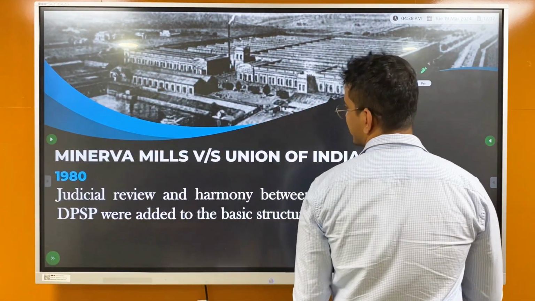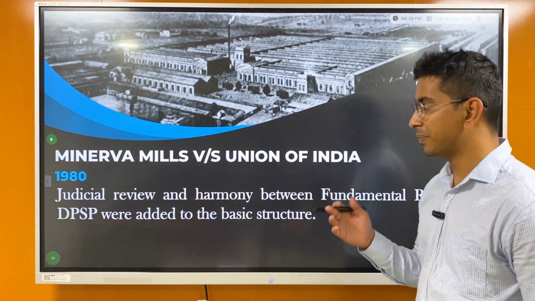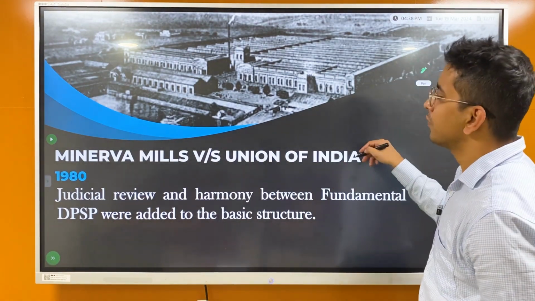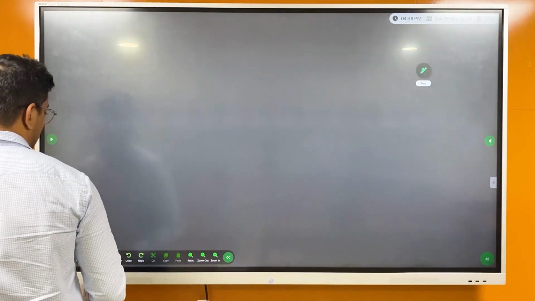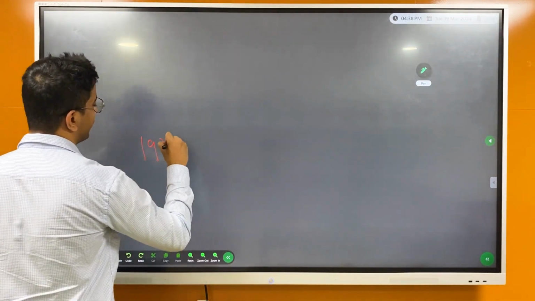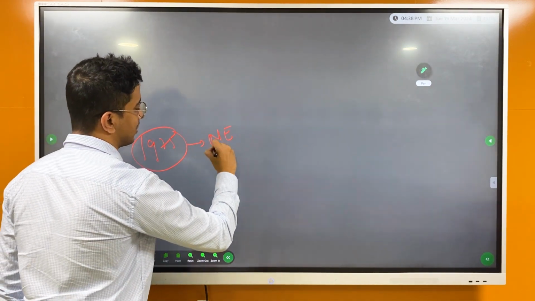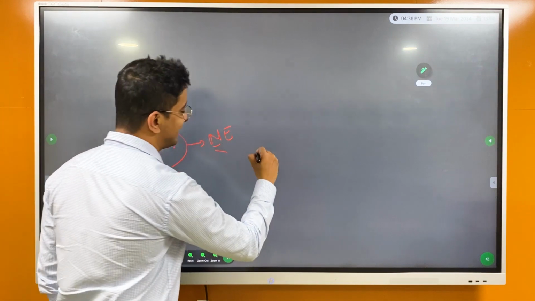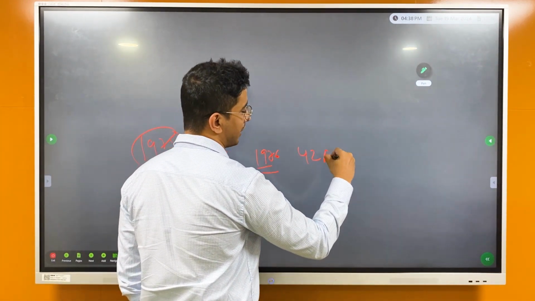So the next case was Minerva Mill versus Union of India. So what had happened during this time? Before this, I'll take you back to this 1975 year, national emergency. In 1976, Government of India brought in 42nd Amendment Act.